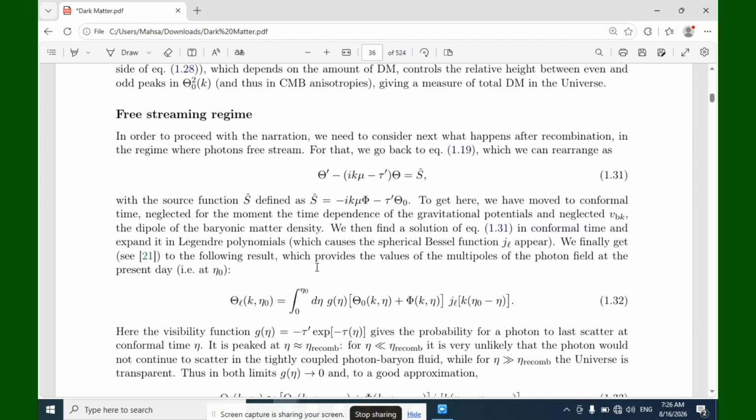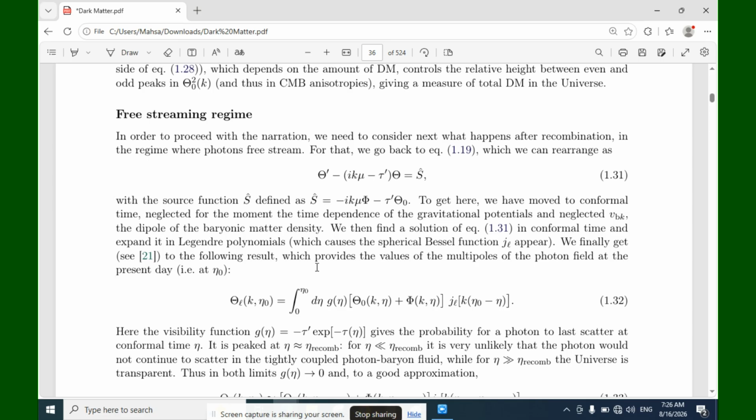To get here, we have moved to conformal time, neglected for the moment the time dependence of the gravitational potentials, and neglected v_b, the dipole of the baryonic matter density.